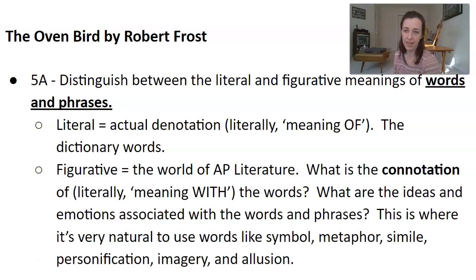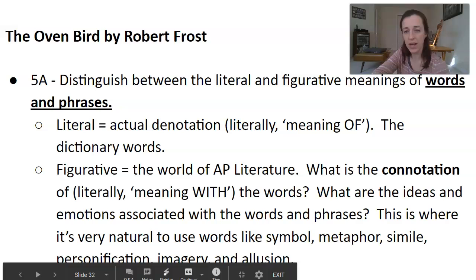What are the ideas and emotions associated with the words and phrases? And this is where it is so natural to use words like metaphor, simile, imagery. Those are the connotative devices that associate themselves with the words. So we'll be naturally finding those, and we'll pull 3 out from the reading.